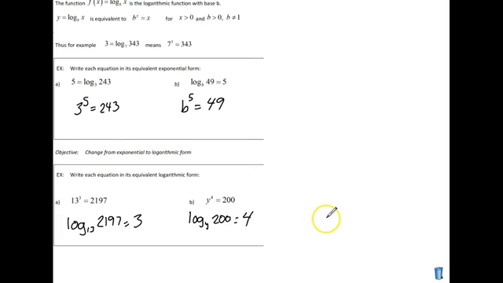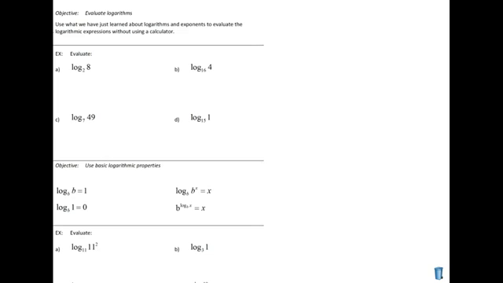So you will have several times in your homework problems where you're going to be asked to go back and forth, either from a log to an exponential or from an exponential to a log. Being able to do that is really important because it can help us when we are evaluating.